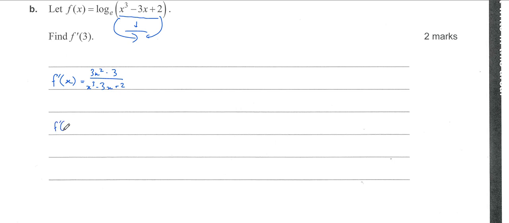Substituting x equals 3 gives 27 minus 3 over 27 minus 9 plus 2, which is 24 over 20, which is 6 over 5.